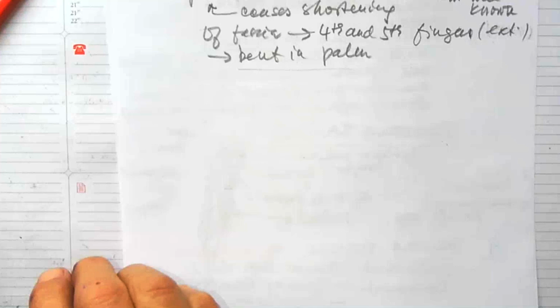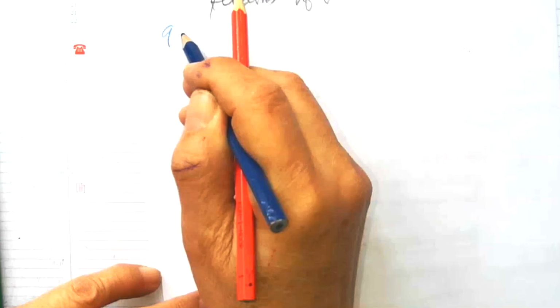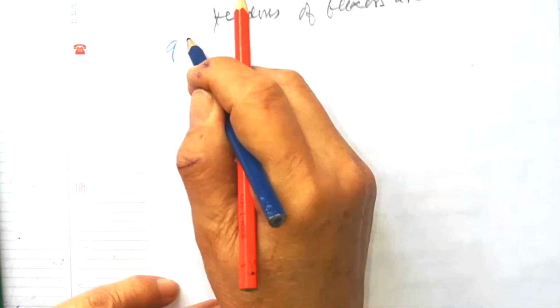And the very last information is number 9 B, and this is the dorsum manus, or also called regio dorsalis manus.